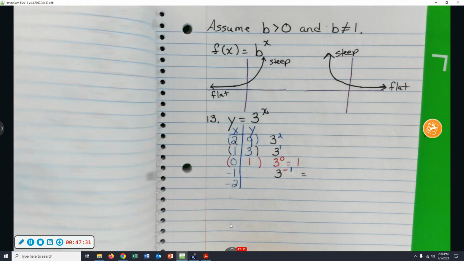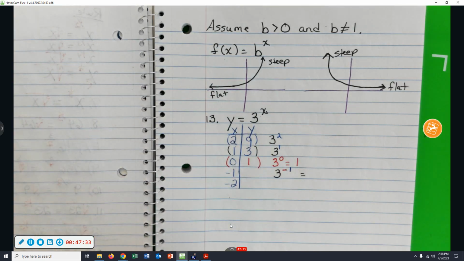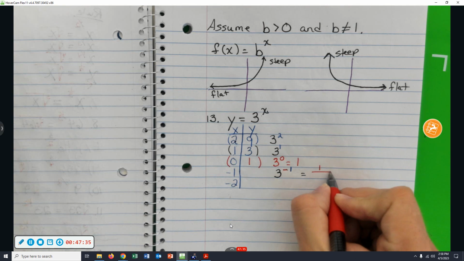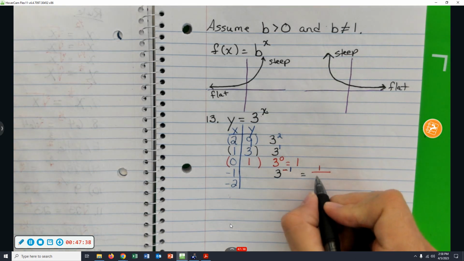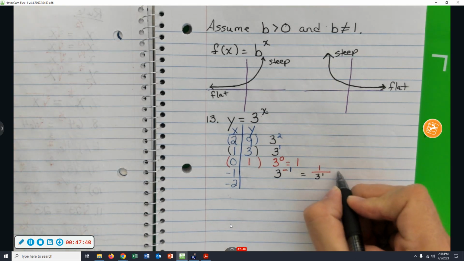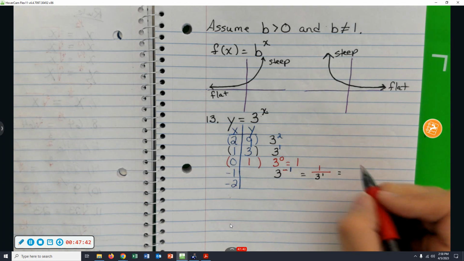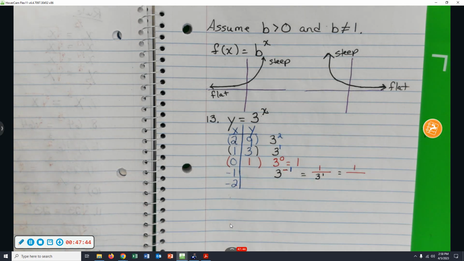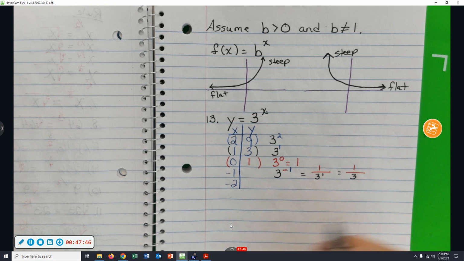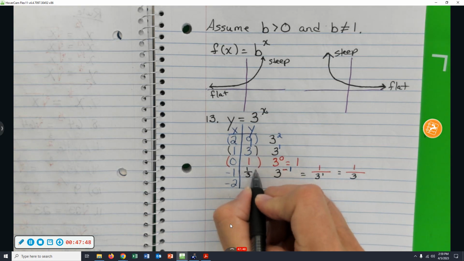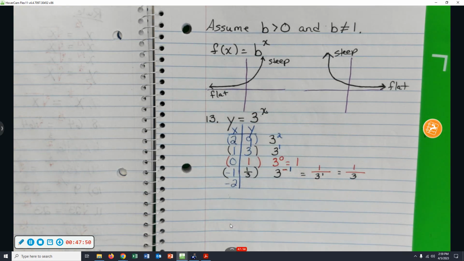A negative exponent means 1 over 3 to the first. So that would just be a 1 over 3. So for this ordered pair, you'll go left 1 and up a third. Just 1/3 of a unit up.